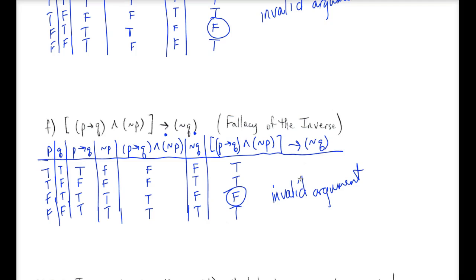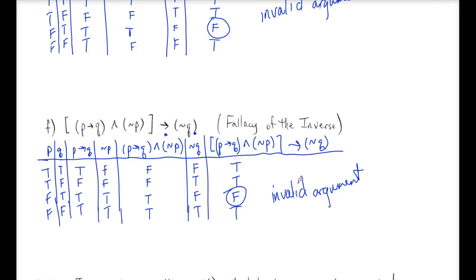By doing this, one of the things we see is that it really doesn't matter what the statements are. What matters is how everything is ordered and structured in the actual argument. We could say P is monkeys fly on the moon, and Q is the sun is red. It really doesn't matter.